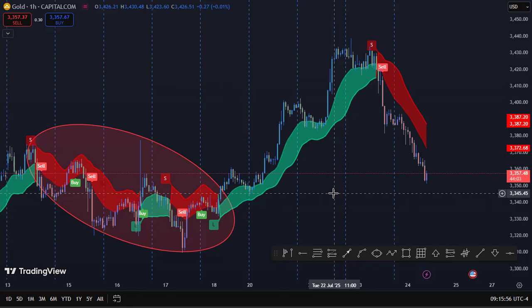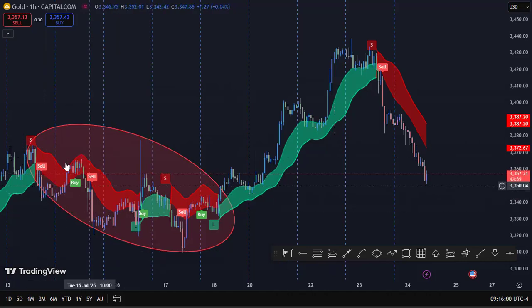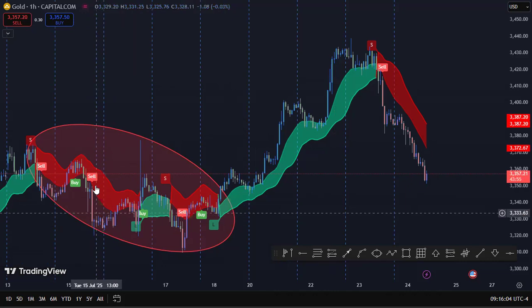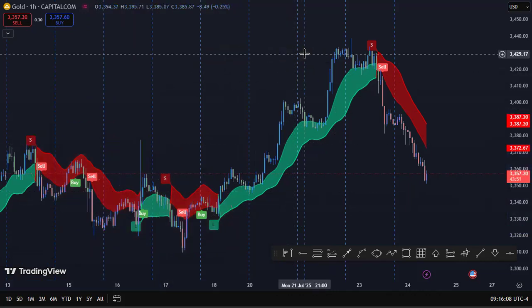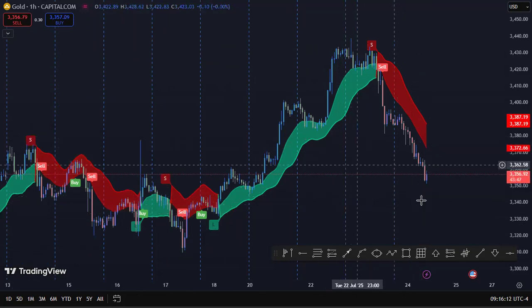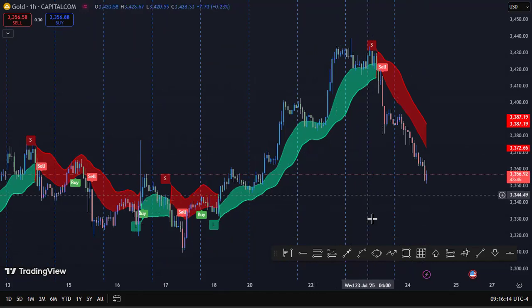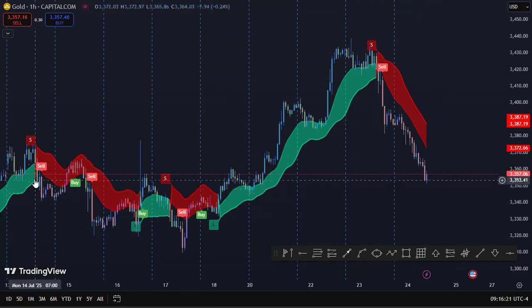But going back to this, as you can see, guys, this phase here, we were kind of consolidating, okay? But even if we were consolidating, we would have gotten some opportunities. Usually, how I use it when I'm on the 1 hour time frame, you wait for the market to change direction.